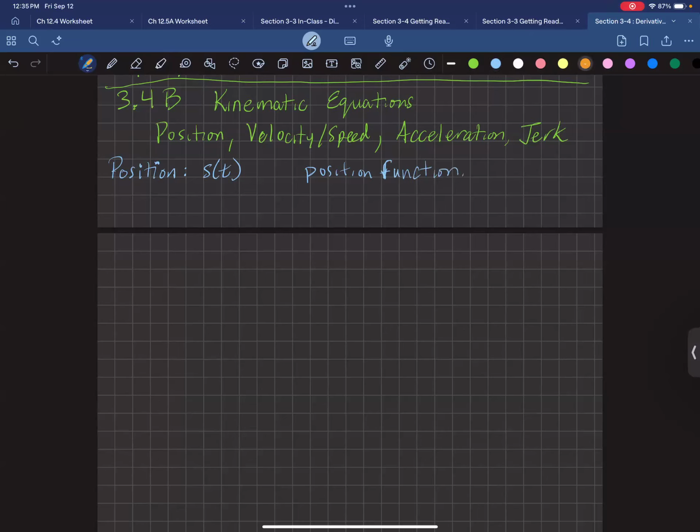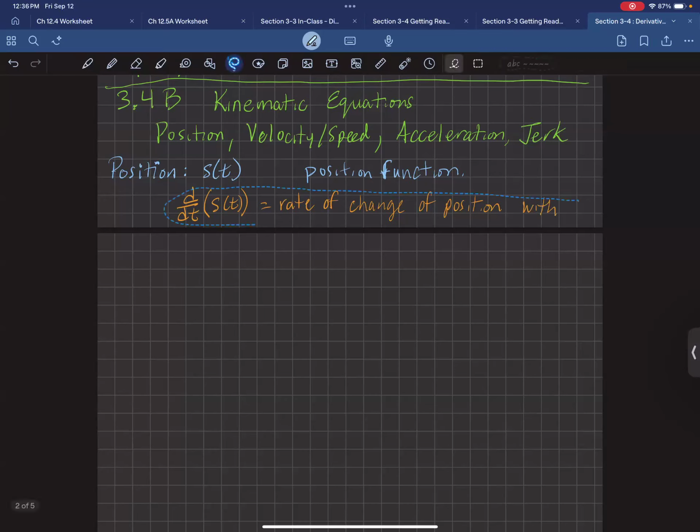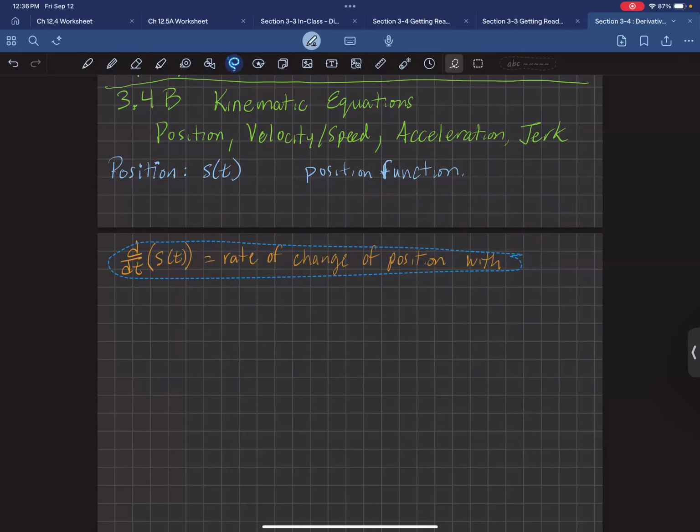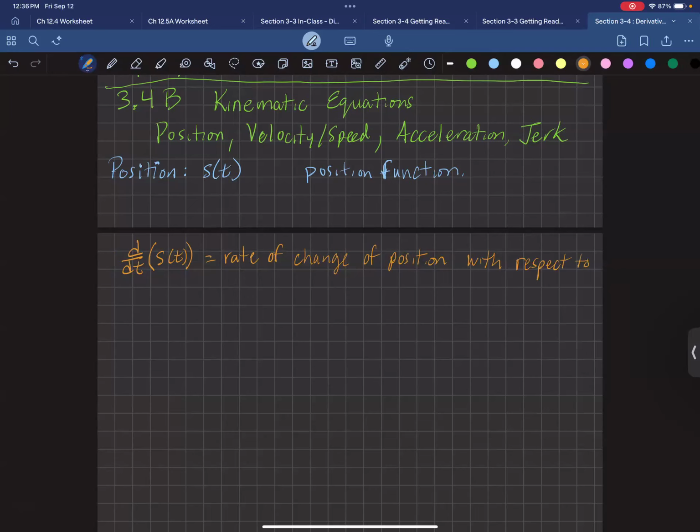If we take what's called the time derivative, or d/dt of S of t, this is the rate of change of position with respect to time.